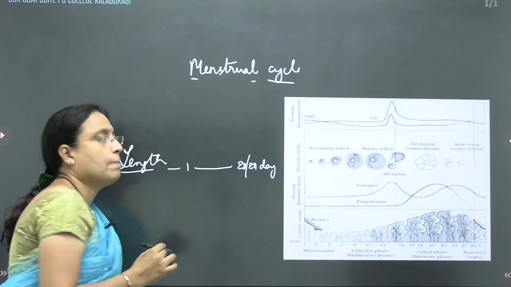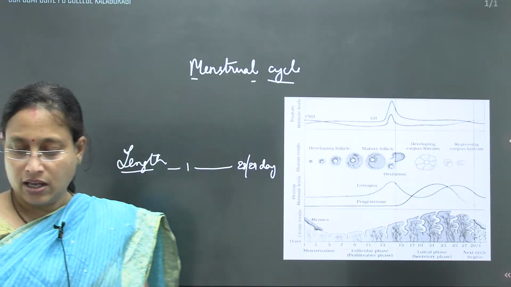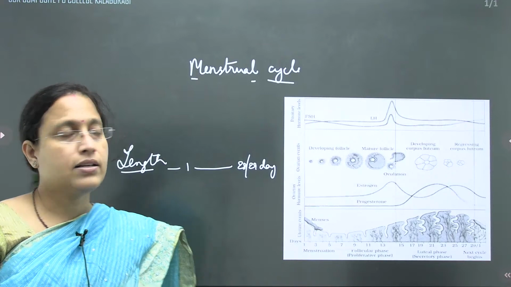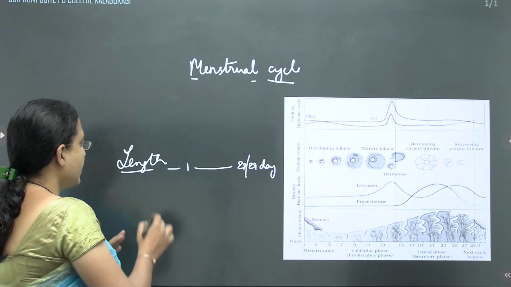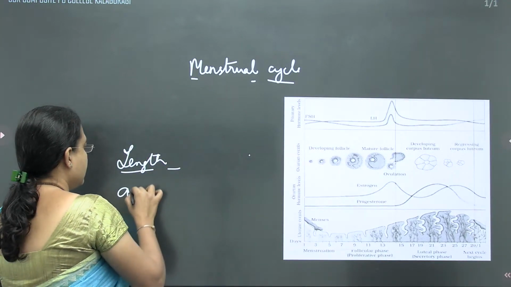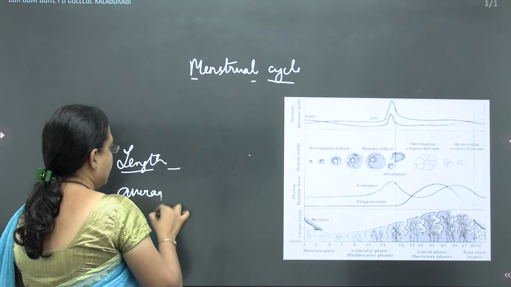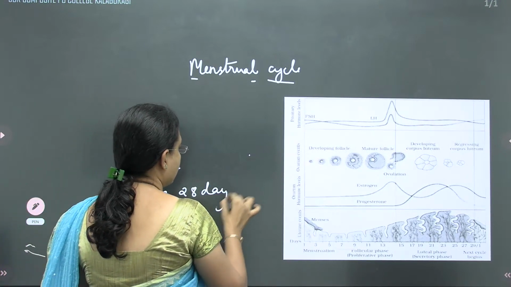So the length of the menstrual cycle is 28 days on an average.